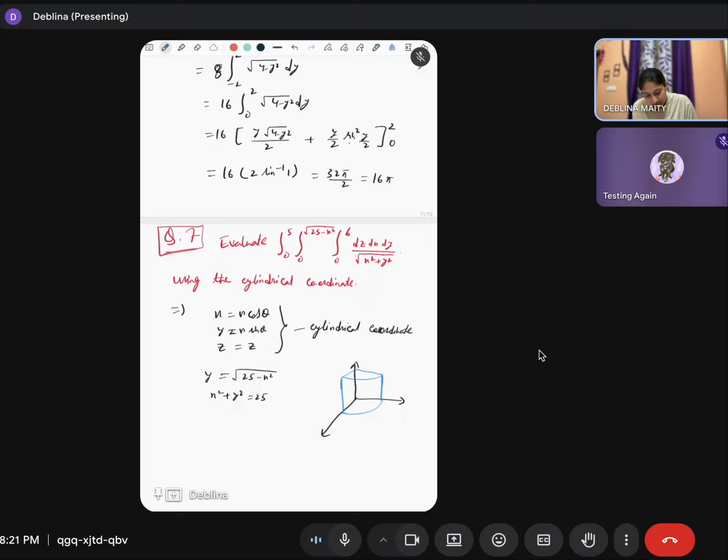Right? So this is x square plus y square equals to 25. Since x and y are positive, we are taking the first octant. And this plane is z equals to 6, and this plane is z equals to 0. Right? So this region.